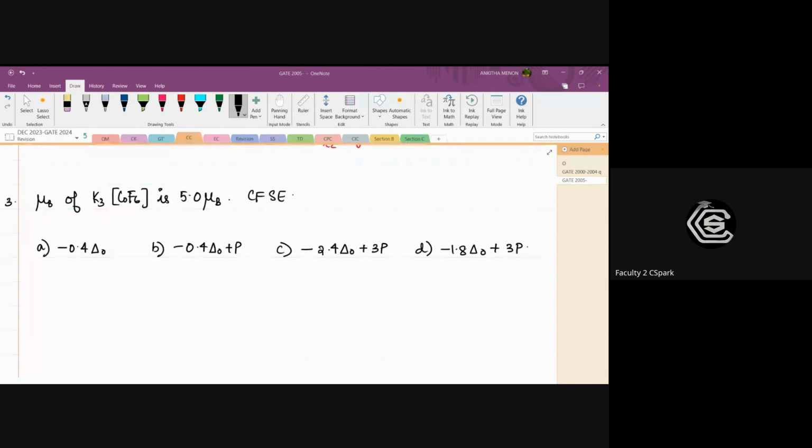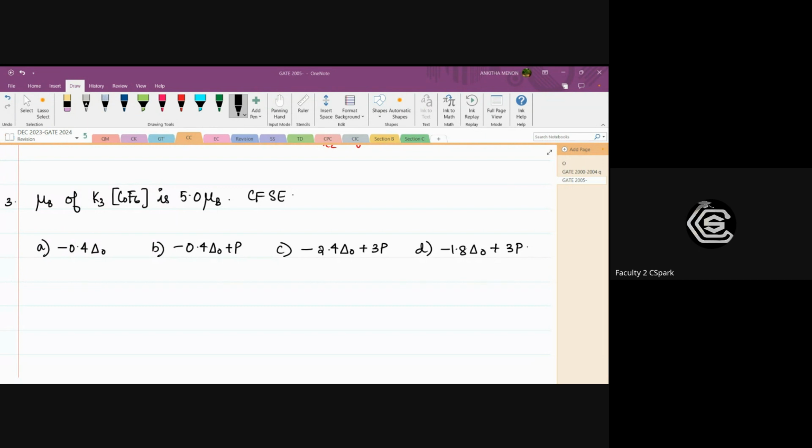What is the oxidation state of the metal? The oxidation state is cobalt 3 plus.